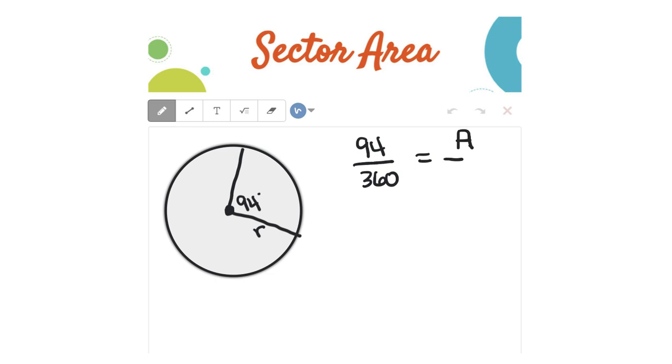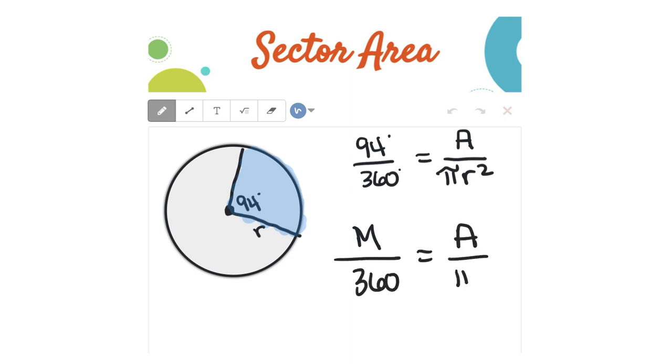It equals the sector area compared to the whole area, which is pi r squared. So that formula would tell me how much space this sector takes up. So 94 out of the full 360 degrees should compare to that amount of area out of the entire area. Essentially the same formula, just with sector area compared to area now. That is the only difference.